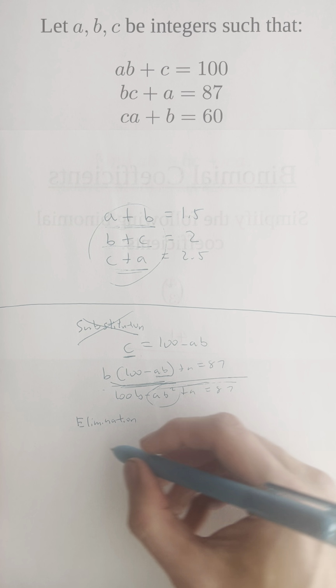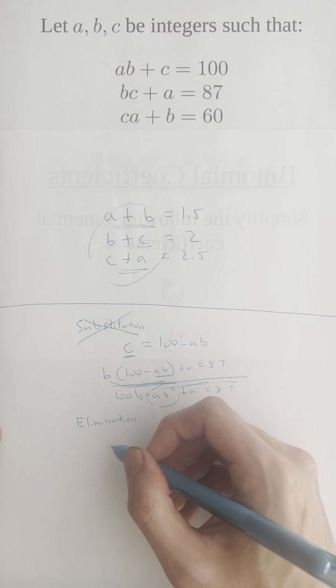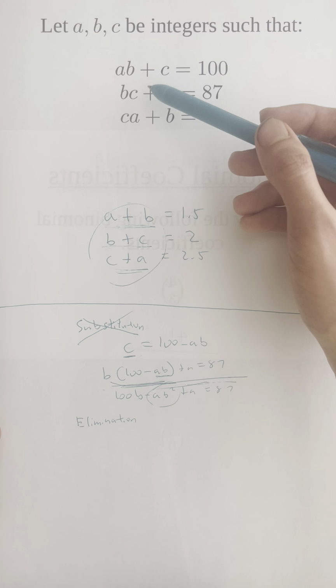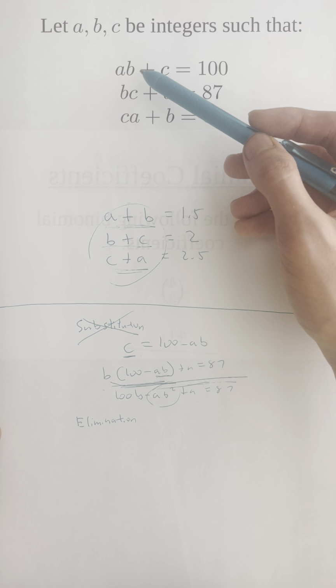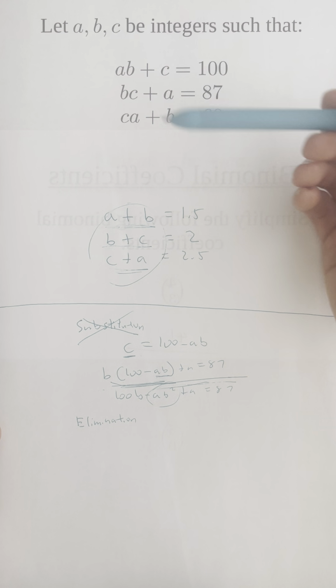Okay, so elimination. So elimination is when you add the equations together, or when you subtract the equations together, or add multiples of a certain equation to multiples of another equation.